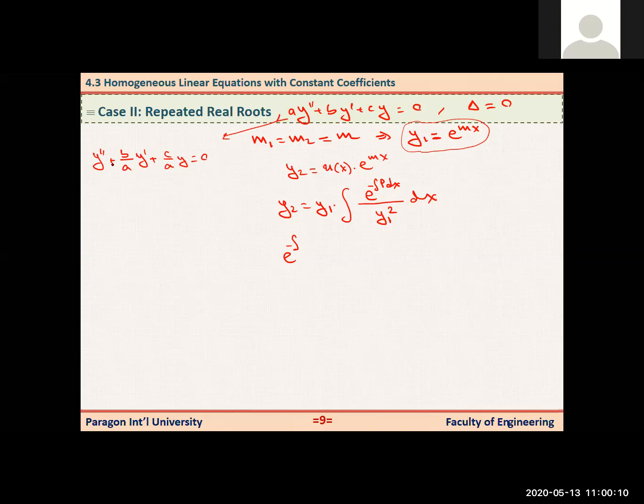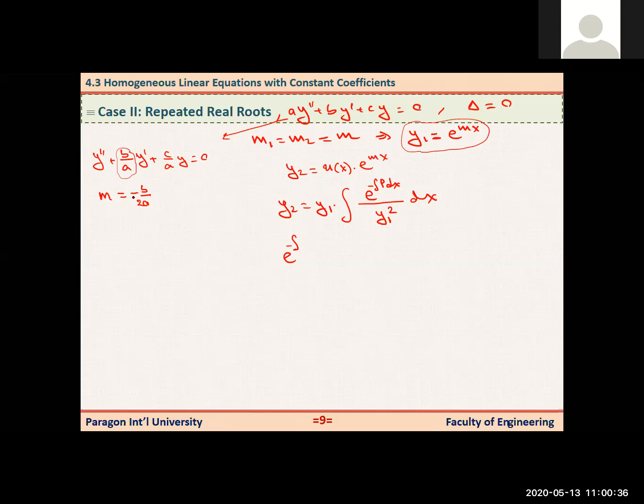It is a linear second order differential equation, right? Now when you solve this, if you remember, our delta is equal to 0, and here m is equal to minus b over 2a.